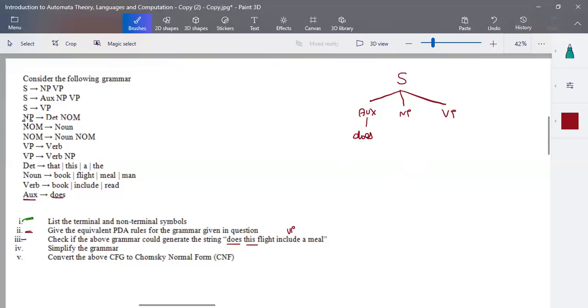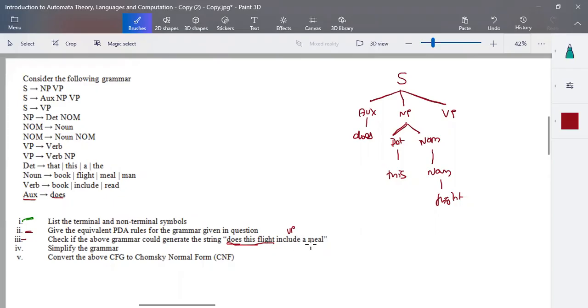When expanding the noun phrase, you have only one possible rule: Det followed by Norm. Det can derive to 'this', and Norm can derive to Noun, and for this Noun we can give 'flight'. So 'does this flight' is done.